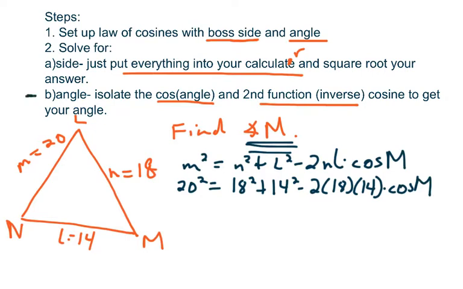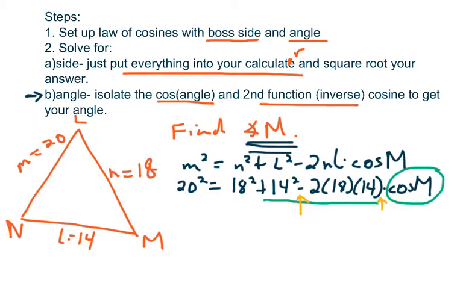Now we're at part B of step 2, where it says isolate the cos of the angle. So we're going to isolate this whole thing. Now the problem is a lot of people put all this into their calculator and then just divide it out. But you'll notice that there's a minus in here, so we can't just put all that in the calculator, because a minus can't be done before the multiplying.